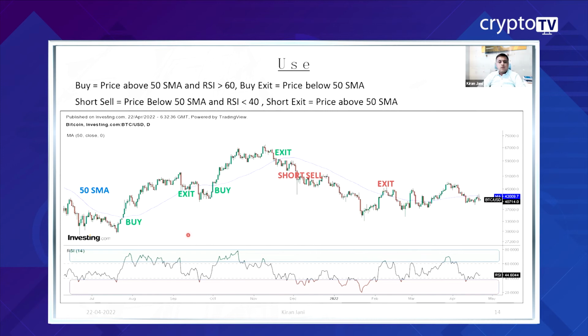So you can see from August 21 till now, you only had 1, 2, and 3 trades. Out of these, all 3 trades are profitable. If you count the profit from 32,000 to somewhere around 40,000, that's $8,000, and from $45,000 to somewhere around 52,000, again close to $5,000. 5 plus 8 is $13,000.